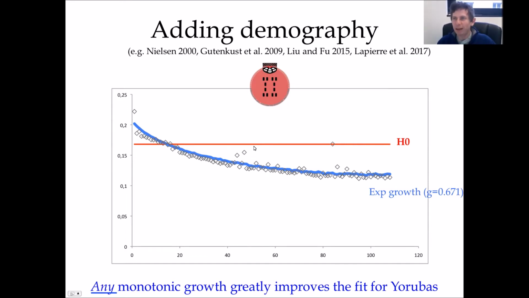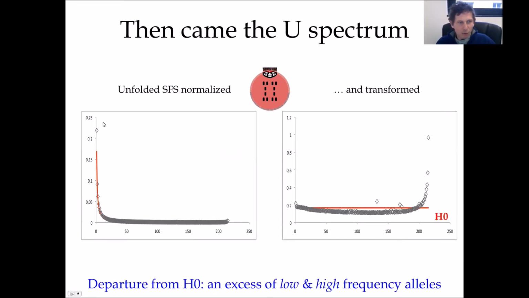What we've played with is unfolding the spectrum. Unfolding the spectrum means you use an outgroup to orient the derived mutations and the ancestral mutations. When you do that, you have a spectrum that goes from mutations carried by one individual up to 215, everyone but one individual, and again you don't see anything, right?